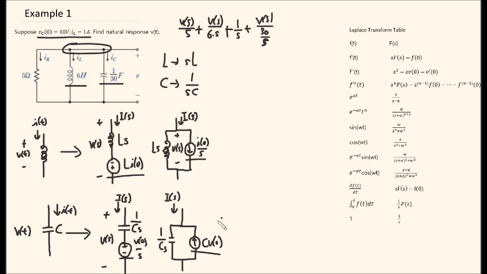And if you can see here, this is the opposite of where the current is flowing, so you have to write this with a minus sign. And if you can see here, the direction of this current is the opposite of I of S. So you have to say minus capacitance times 10. So this is 0.